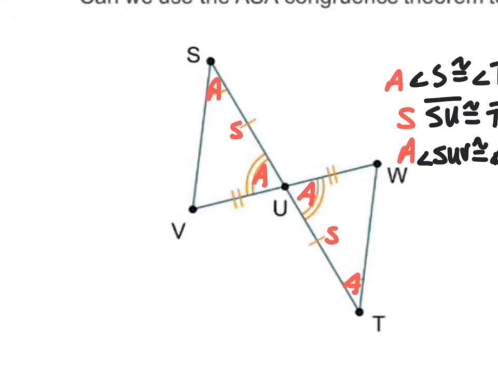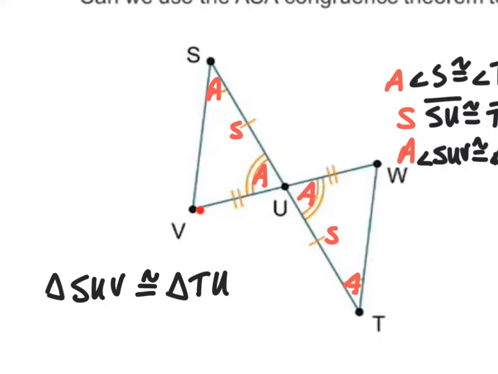So my congruency statement is that triangle SUV is congruent to, and we have to make sure these are corresponding, S corresponds to T, so triangle T, then U just corresponds with itself, so TU, and V corresponds with W. And we know that by angle side angle.